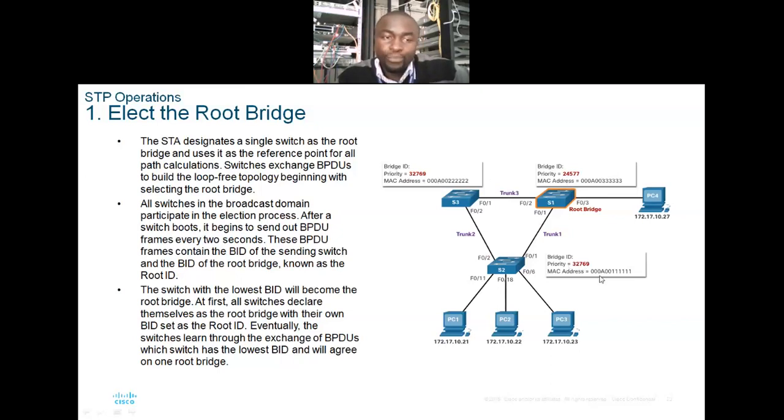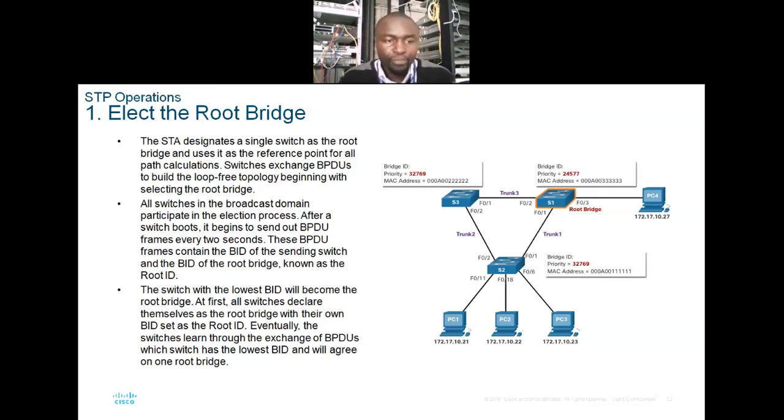So all switches in the broadcast domain participate in the election process. After a switch boots, it begins to send bridge protocol data unit frames every 2 seconds. These frames contain the BID of the sending switch and the BID of the root bridge, known as the root ID.